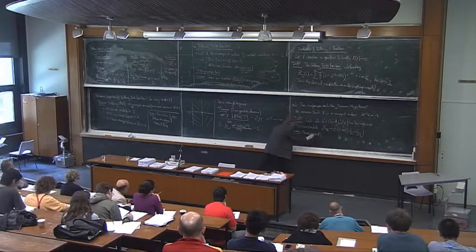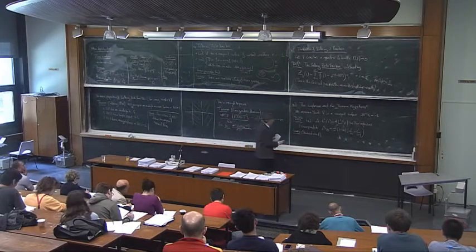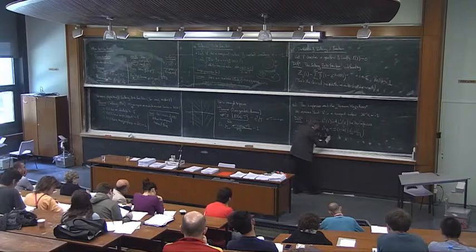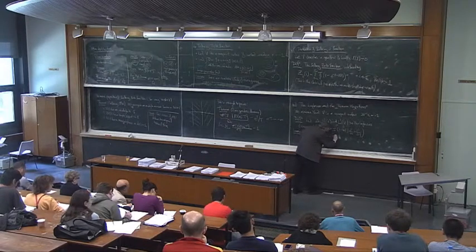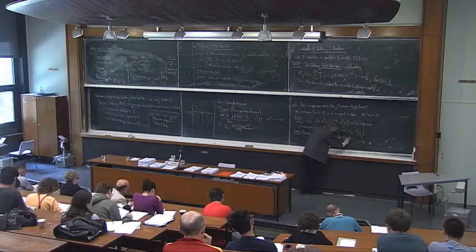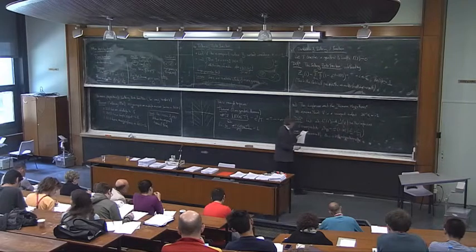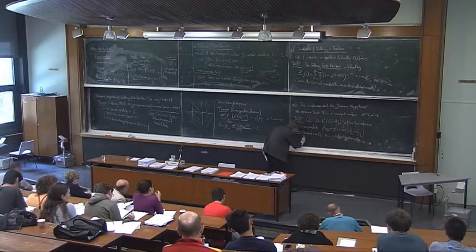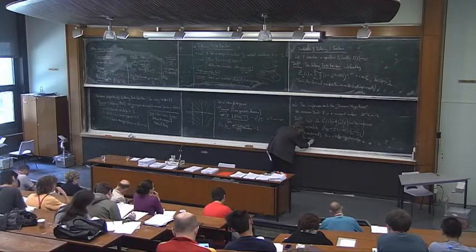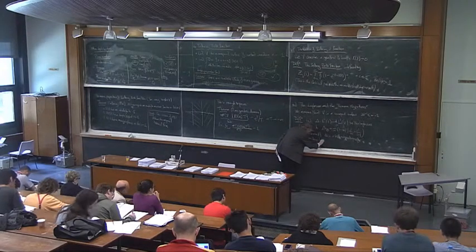So we have this operator acting on functions sitting on the surface, and in particular, the Laplacian is a self-adjoint operator. And so what that means in particular is that the spectrum lies in the real line.